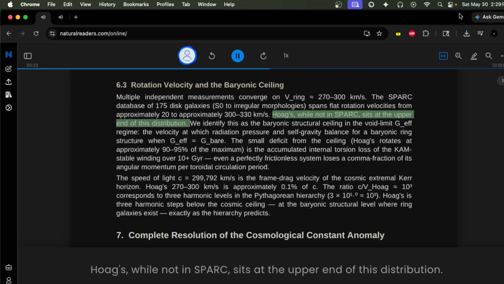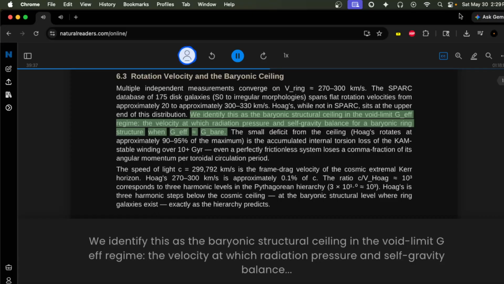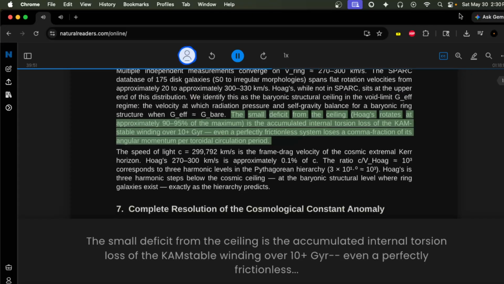Hoag's object, while not in SPARC, sits at the upper end of this distribution. We identify this as the baryonic structural ceiling in the void limit GF regime, the velocity at which radiation pressure and self-gravity balance for a baryonic ring structure when GF approximately equals G_bar. The small deficit from the ceiling is the accumulated internal torsion loss of the KAM-stable winding over 10 plus Gyr.